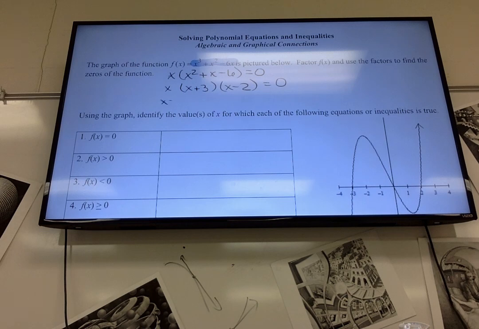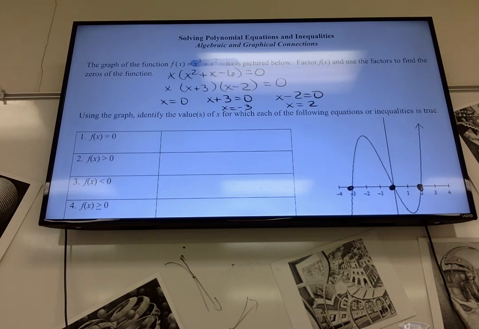And you set each one equal to 0. First one's already solved for you. The other two, not too bad. So we can see negative 3 is an answer, 2 is an answer, and 0 is an answer.